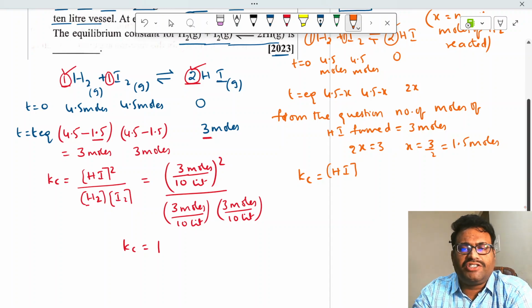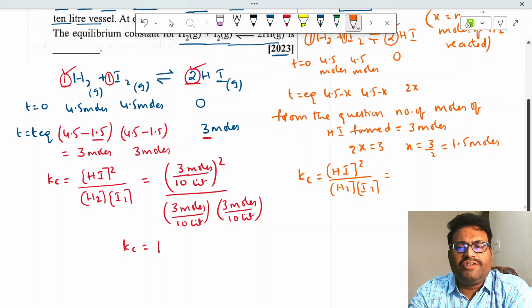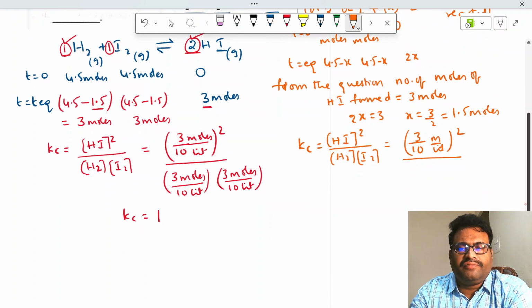HI concentration power 2 by H2 concentration into I2 concentration. 2x we have already calculated, that is 3 by 10 moles per liter, whole square, by 3 by 10 moles per liter, because here 4.5 minus x is 4.5 minus 1.5, which gives you 3.